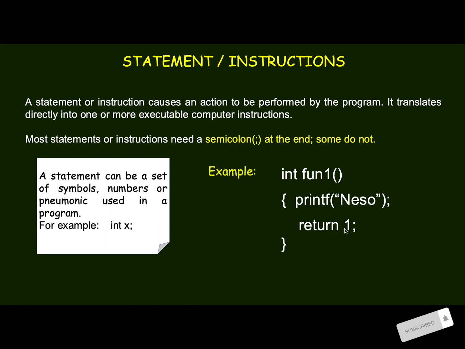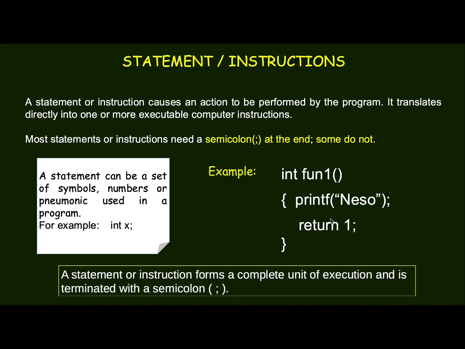Then it returns the answer to you. So this becomes a simple statement or an instruction that you are telling the computer to carry out. A statement or instruction forms a complete unit of execution and is terminated with a semicolon. So this is a simple statement and it is also a complete statement to be executed.